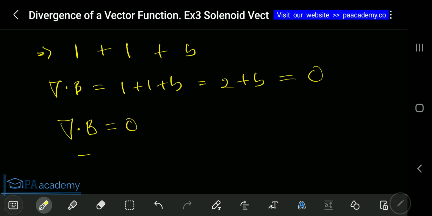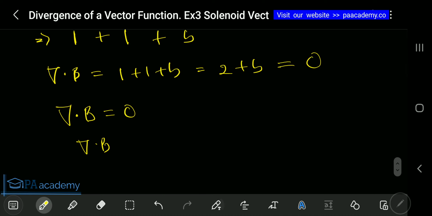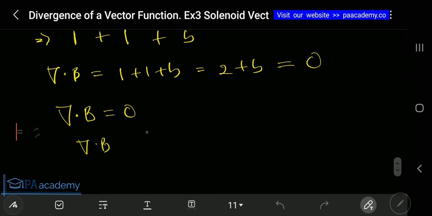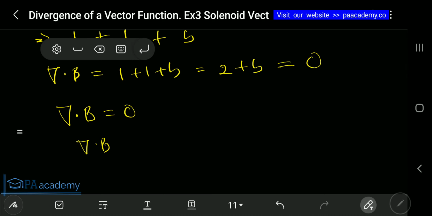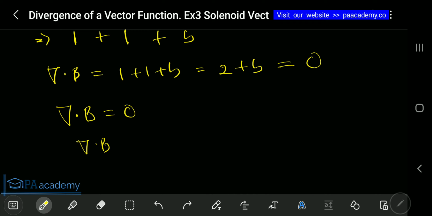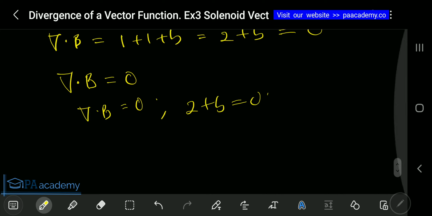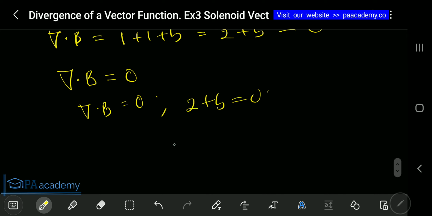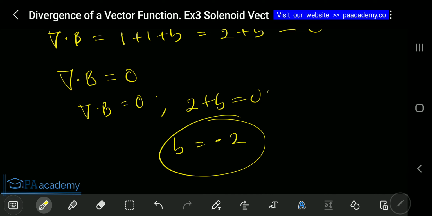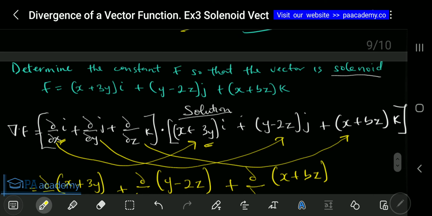So div of F is equal to 0, and then 2 plus b equals 0. We can just conclude that our b is equal to minus 2. So this is actually the answer.